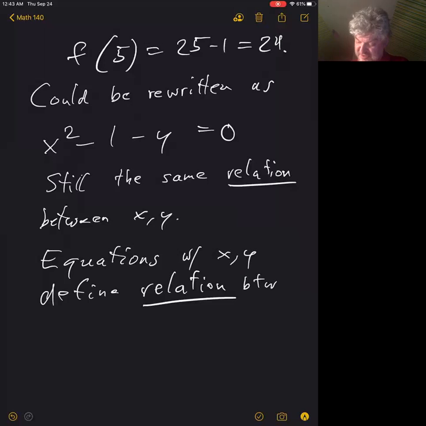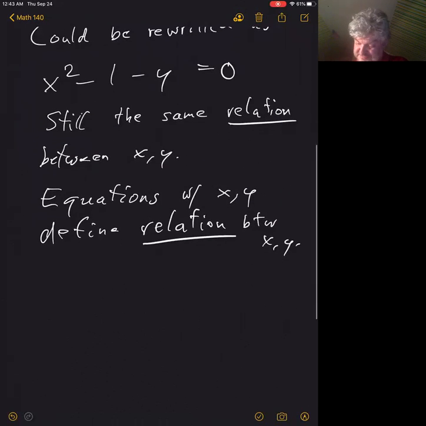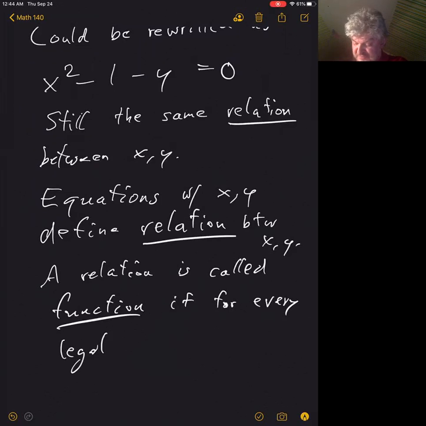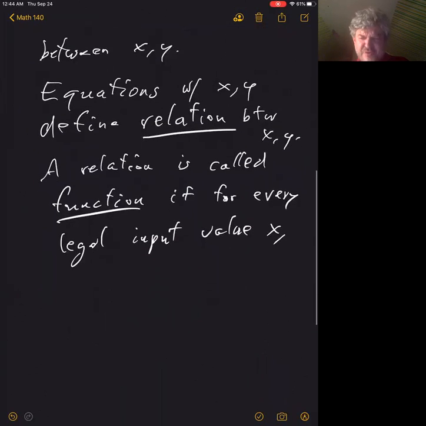It defines a relation between x and y, and such a relation is called a function if for every legal input value you get exactly one output value y.